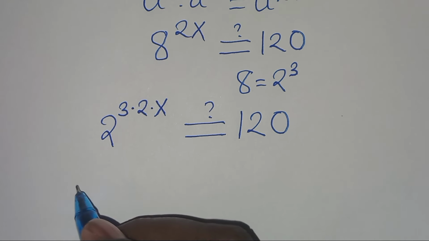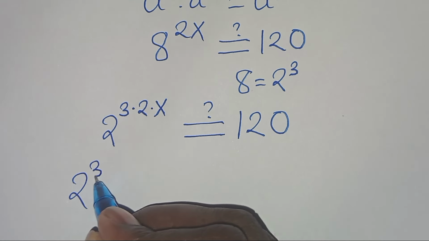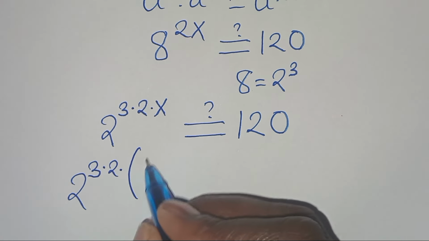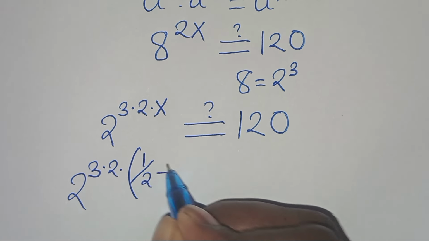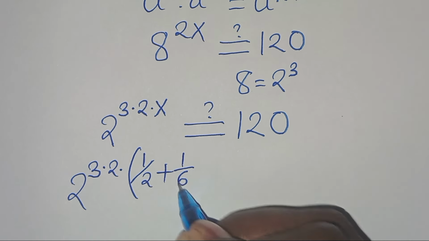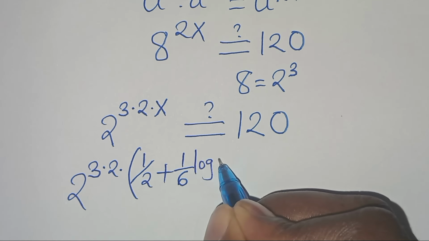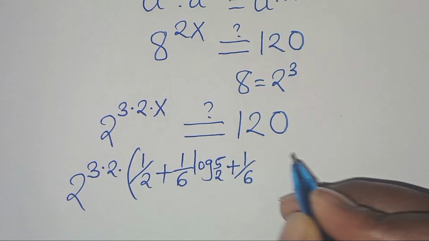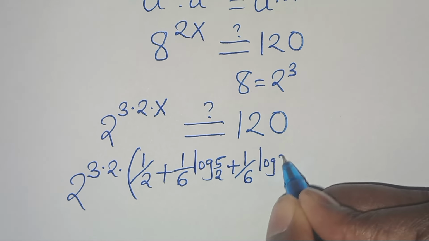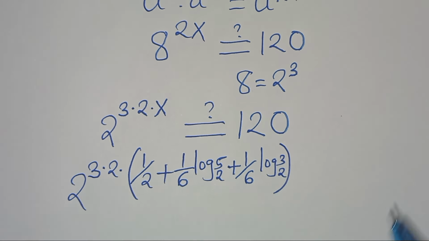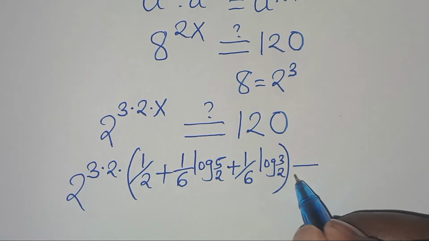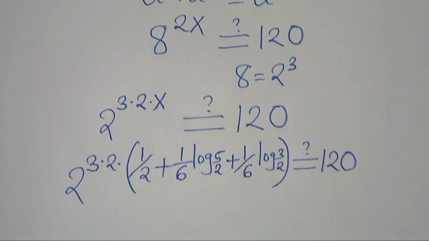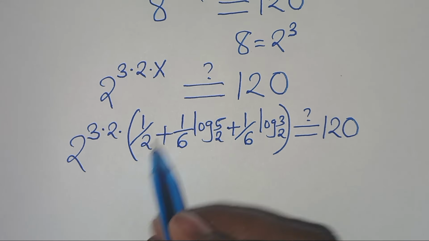We have 2 to the power of 3 multiplied by 2, then multiplied by x, which is half plus 1 over 6 log 5 to base 2, then plus 1 over 6 log 3 to base 2. Close the parenthesis. This is supposed to give us a value of 120. Now, let's simplify here.